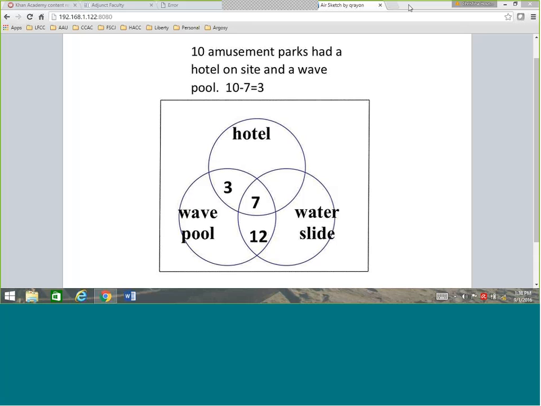Okay, so then moving up the list again from the bottom, we're told 10 amusement parks have a hotel on site and a wave pool. So that would be the intersection of hotel and wave pool right here. And I have a total of 10, so that means I need to fill in a 3 in that region because 7 is already there in the overlap between wave pool and hotel.